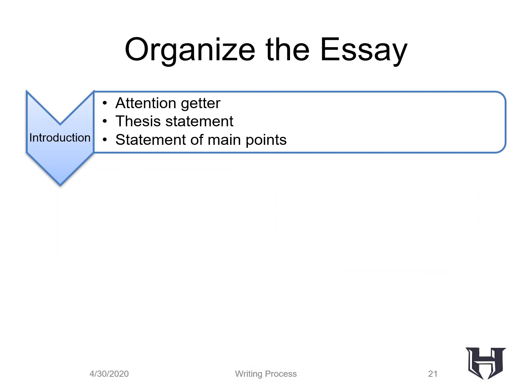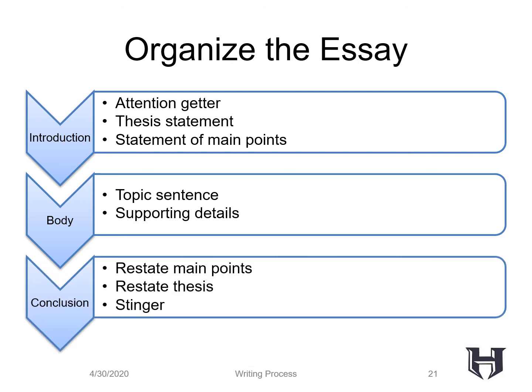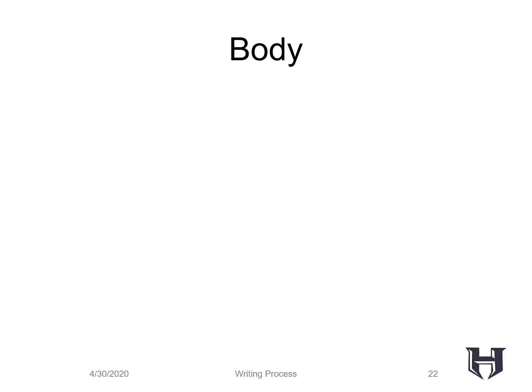So that's what's in the introduction. In the body, you're going to look at the topic sentence and the supporting details. And in the conclusion, you're going to restate the main points, restate the thesis, restate the stinger. Let's look at the body.